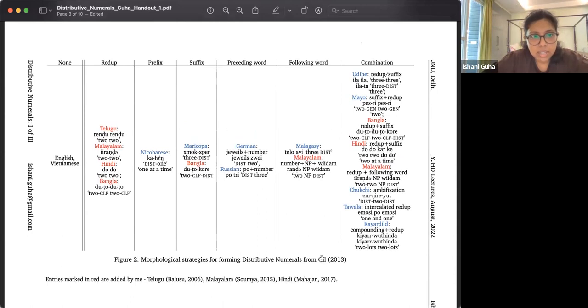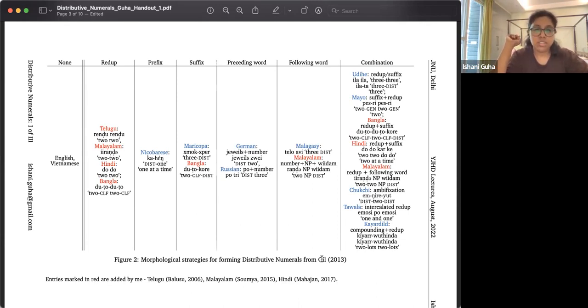So as you can see, the entries in red are added by me, examples from Indian languages. There is Nicobarese, which uses prefix. There is, other than Bangla, there is Maricopa, which uses suffix.